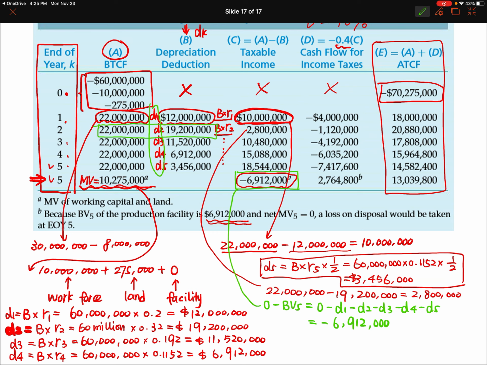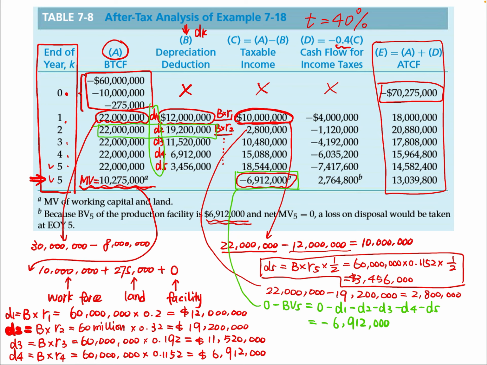Okay, and then to fill up column D, it's easier. But don't forget about the negative sign, and then you need to multiply the numbers in column C by 40%. Okay, so the negative 4 million is gonna be 10 million times 0.4, and you need to add this negative sign, okay, and so on.